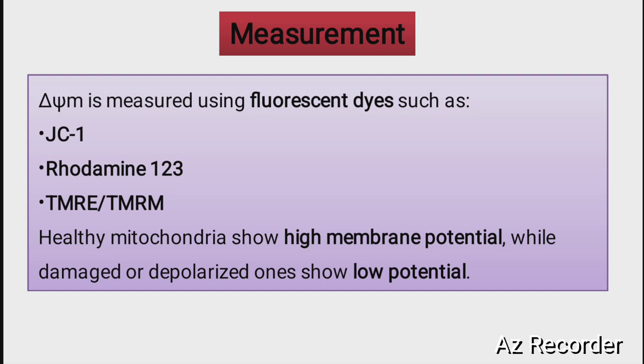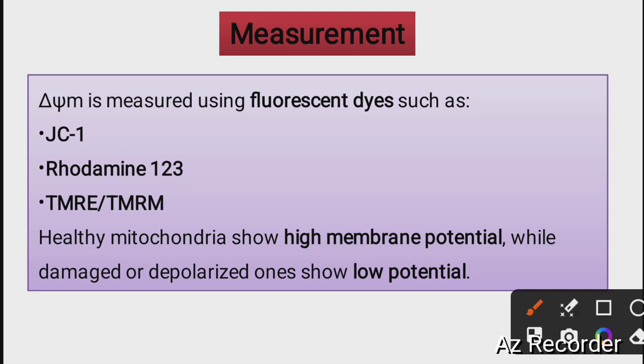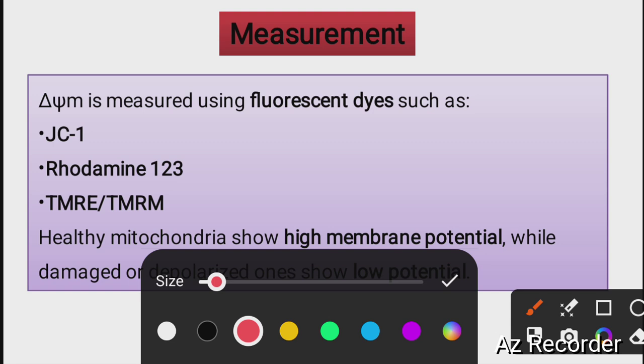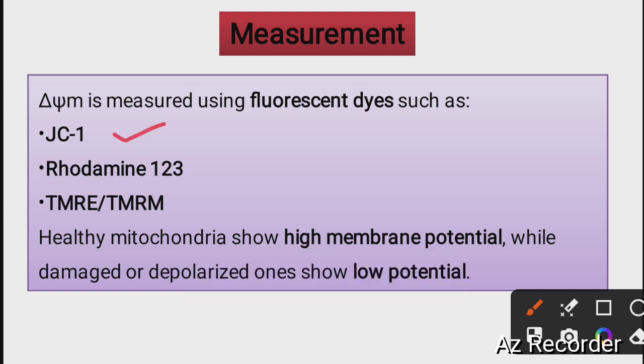Here we are going to measure mitochondrial health, and in different ways we are going to measure the mitochondrial membrane potential. It is measured using fluorescent dyes such as JC-1, rhodamine 123 and TMRE or TMRM.